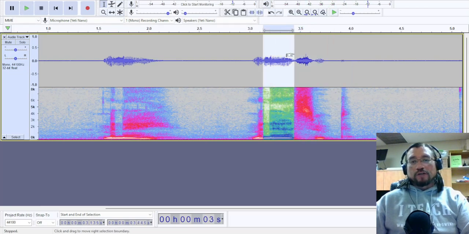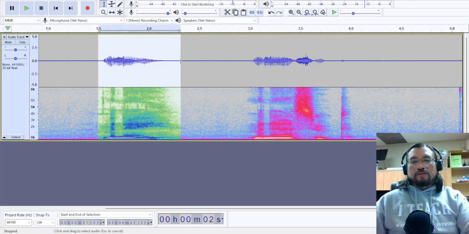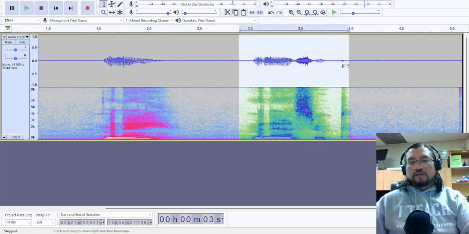Actually, it's more in the middle here. So let's listen to the middle part. Ne. Ne. So you notice nay is what I'm saying here. Ne is what I'm saying there. Menasut. And you also see a difference in the length of the words. So mene is shorter, menasut is longer.